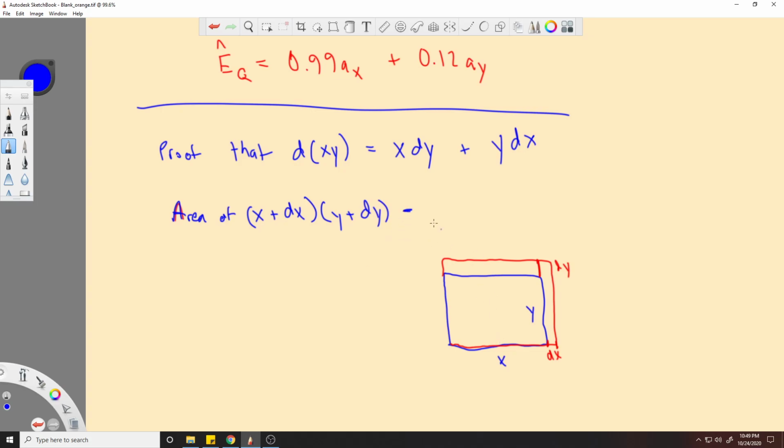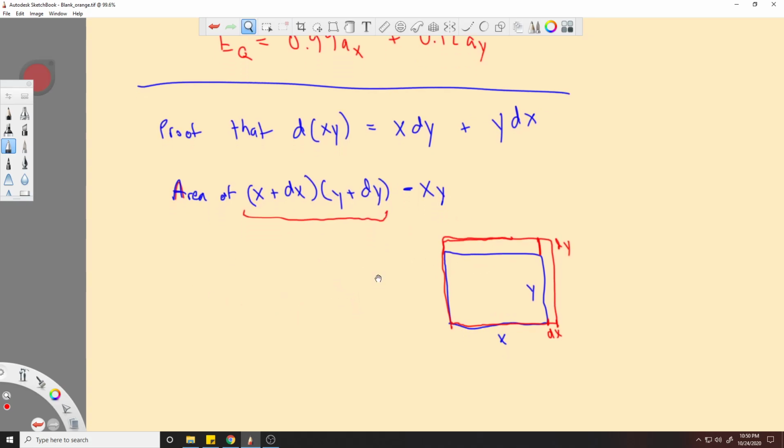And then subtracting that inner blue square. So you can think of the whole entire red square as this. It's right here. See it? x plus dx times y plus dy. And then you can think of the blue square as xy. So if you want just the red part, you would just do that minus the xy, right?